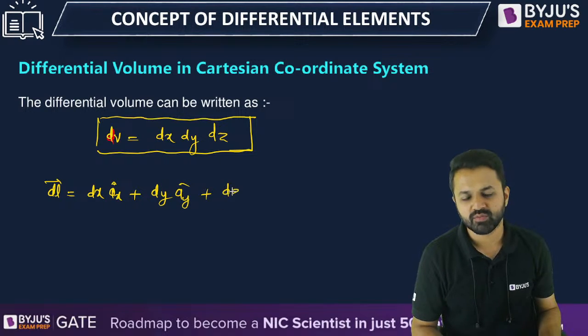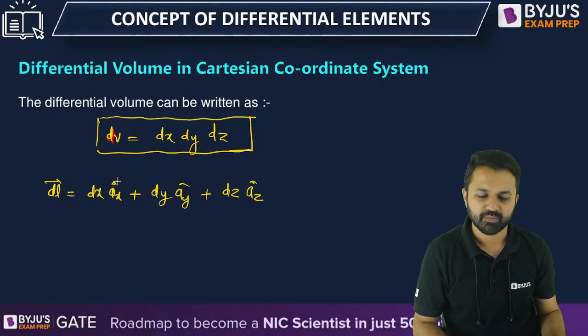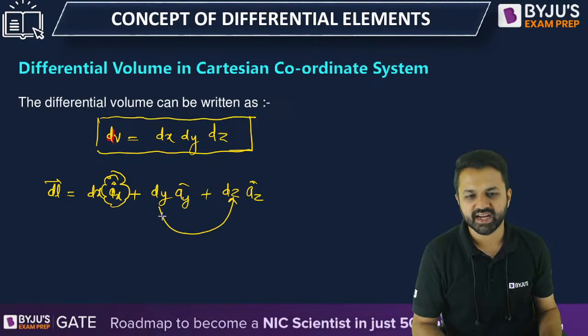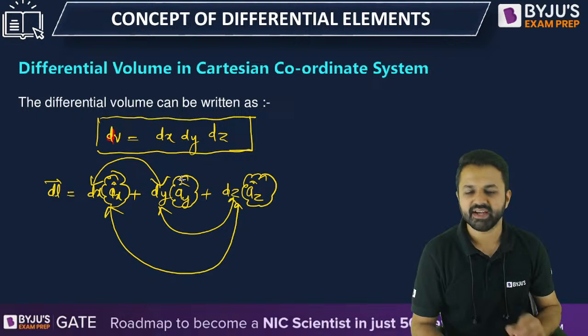If you are able to memorize this differential length in all the coordinate systems, it will become easy. Suppose you want to write in the x direction, then multiply y and z. I am talking about differential surface. If you want to write the differential surface in the y direction, then multiply x and z. If in the z direction, then multiply y and x.